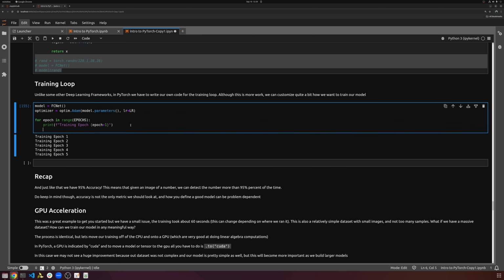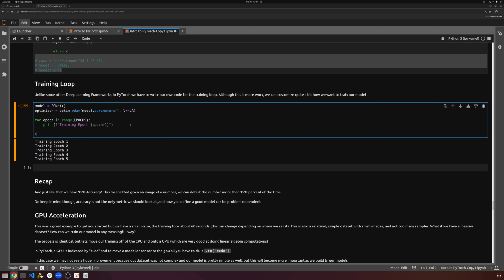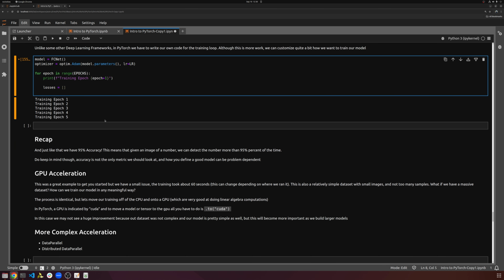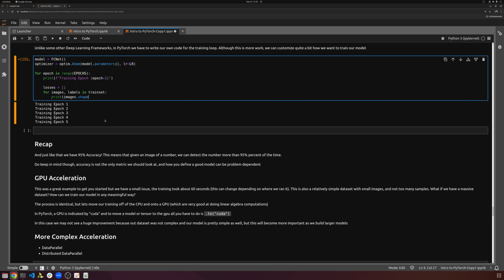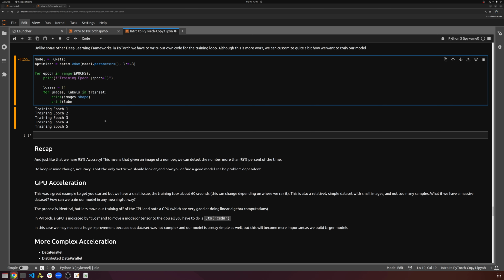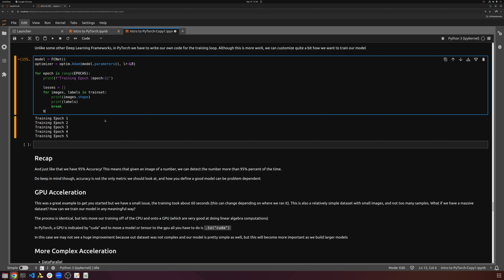And now we're going to do losses. We're going to create a list here. Losses is an empty list, and you'll see why we're doing that in a bit. We're going to do for images, labels in train set. Print images.shape. Print labels. And let's do a break.